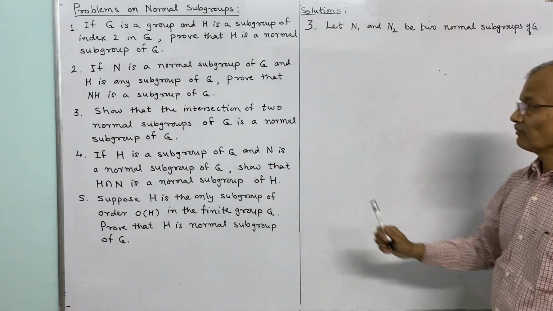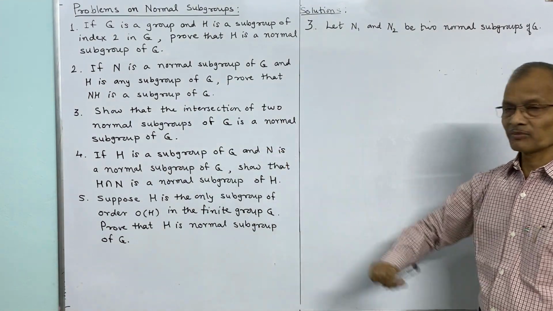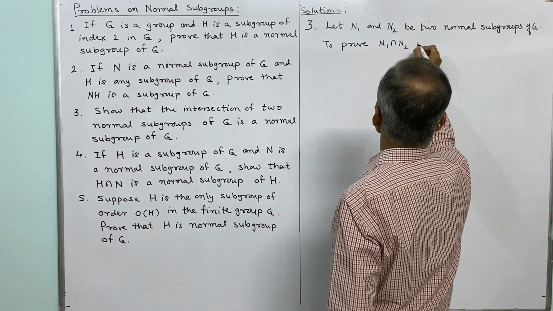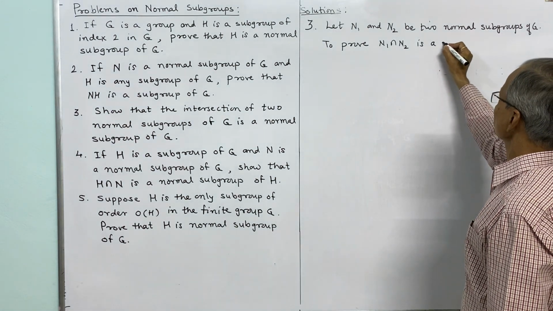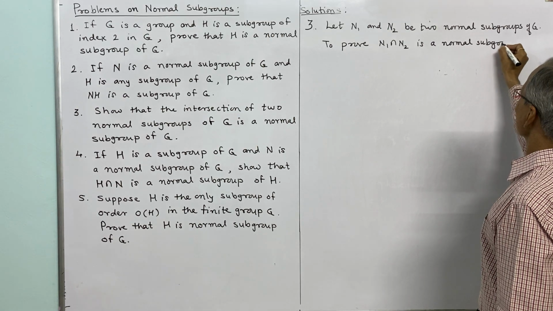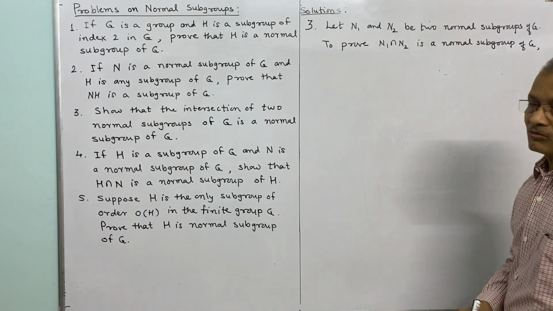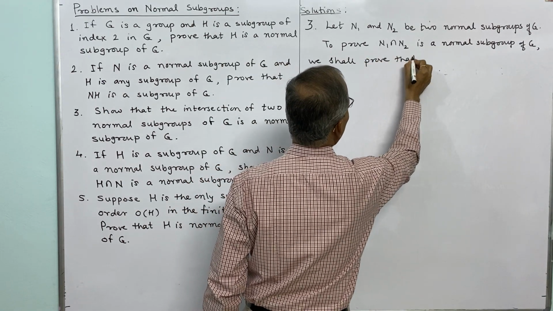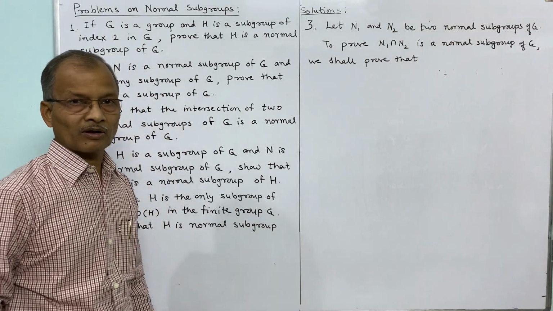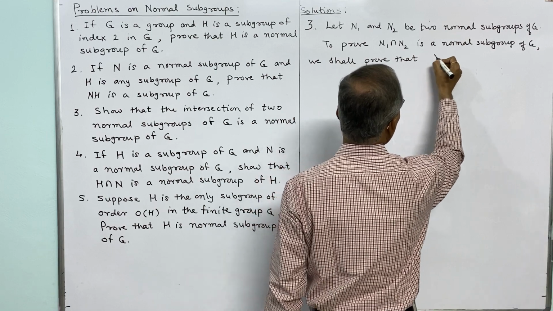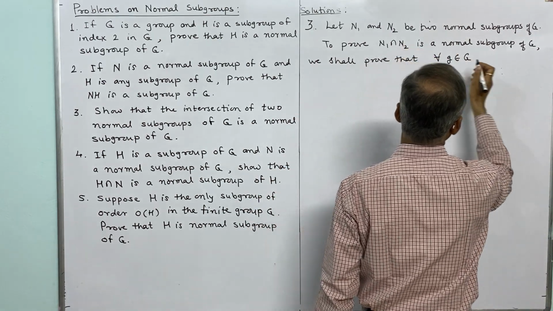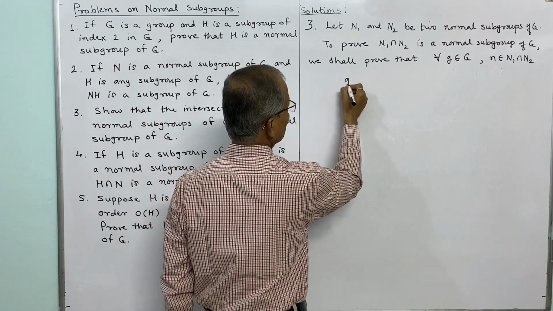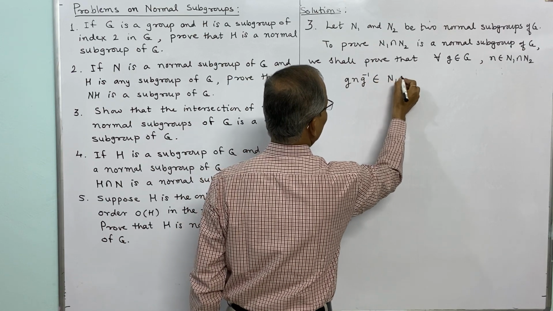And what do we have to prove? We have to prove their intersection is also normal in G. To prove N1 intersection N2 is a normal subgroup of G, we shall prove, by the definition of normal subgroup, that for all g belongs to G and n belongs to N1 intersection N2, g n g inverse belongs to N1 intersection N2.